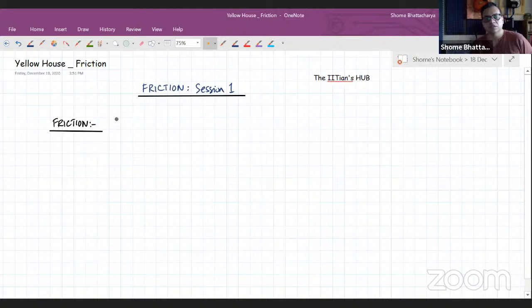So friction is a contact force that acts tangentially.